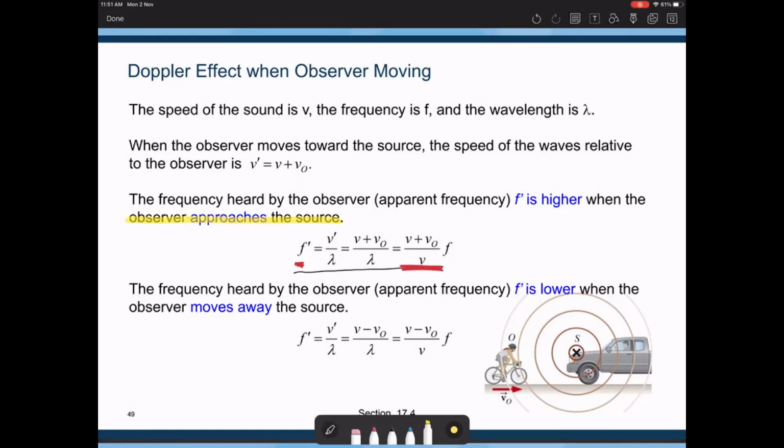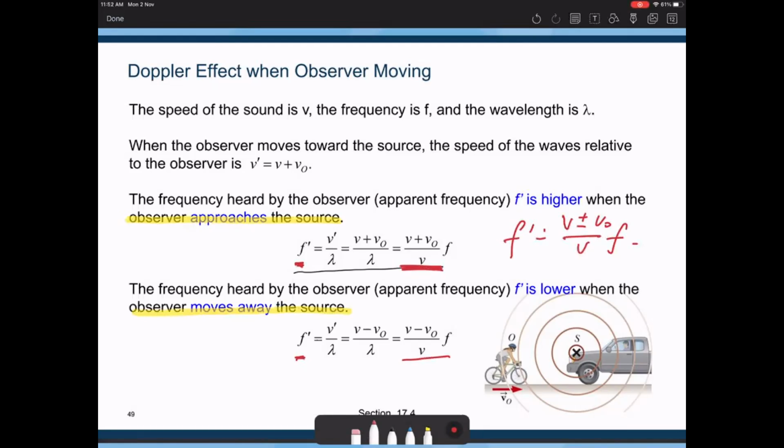And similarly, if the observer moves away from the source, then the apparent frequency would be V minus V naught over V times F. We could summarize the two equations as F dash equals V plus or minus V naught over V times F, where the plus sign is used when the observer is moving to the source.